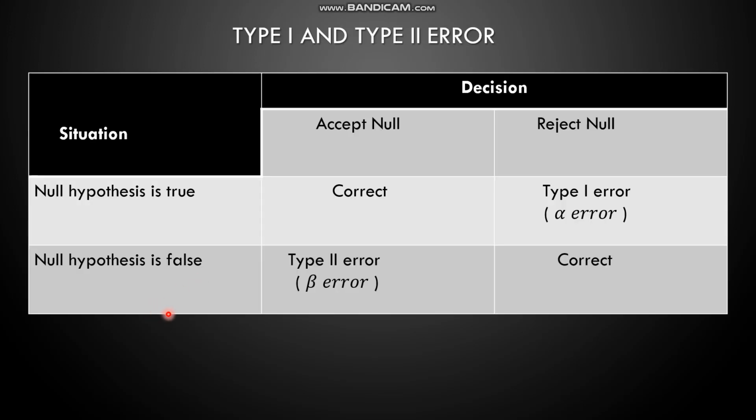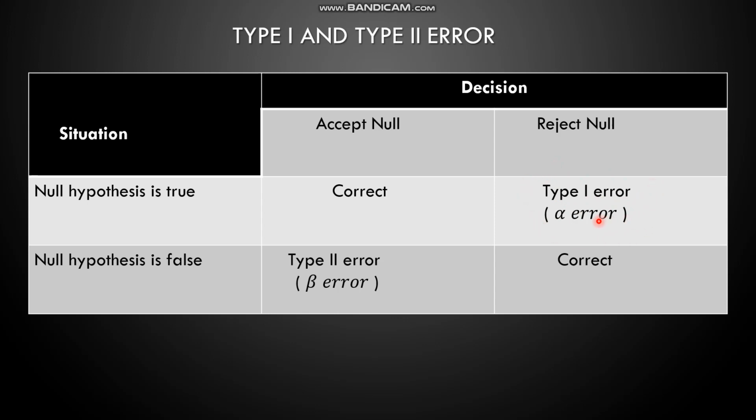Now there are two types of errors. First one is type 1 and type 2 error. Here in this example, this is the situation and next is the decision. When the null hypothesis is true and our decision is we are accepting the null hypothesis, it is correct. But when the null hypothesis is true and our decision is we are rejecting the null hypothesis, then it becomes type 1 error.